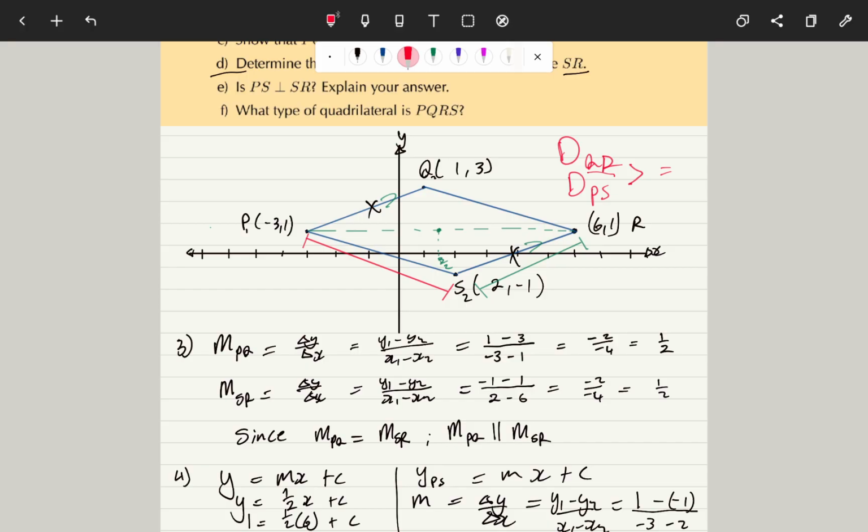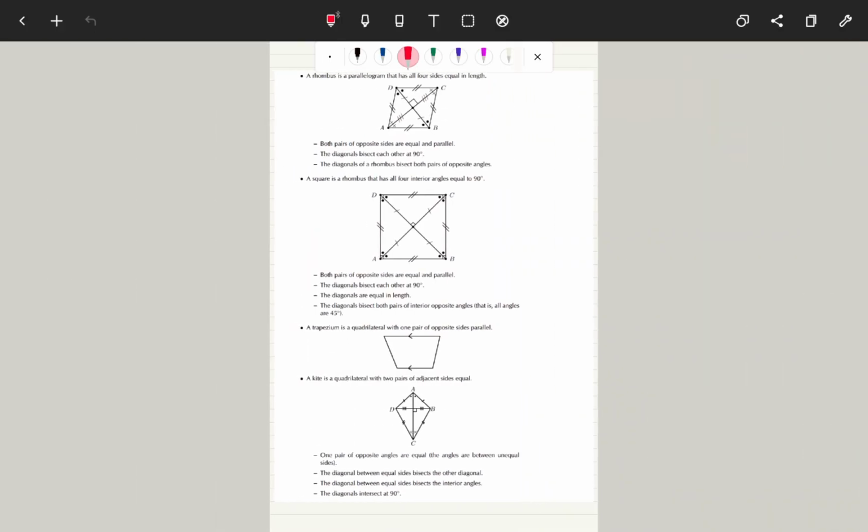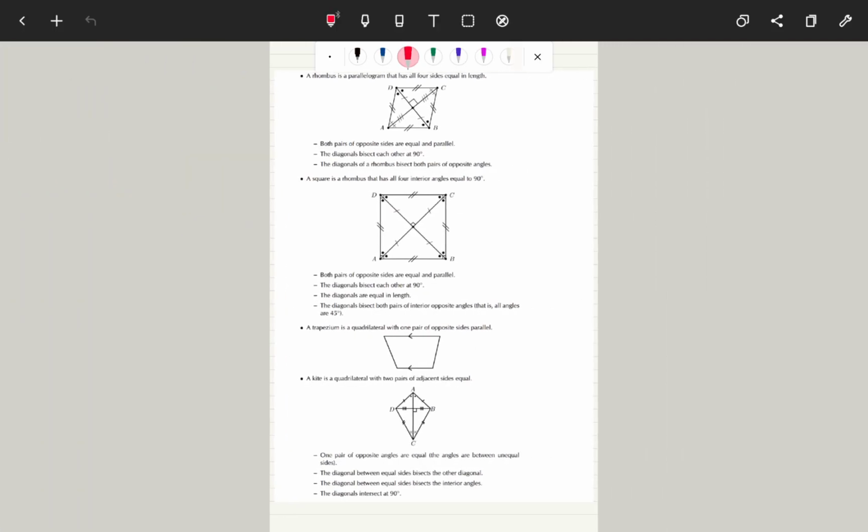So with this kind of question, it goes back to you knowing exactly what a kite looks like, a trapezium, a square, a rhombus, all these quadrilaterals. You know the structures, the features.